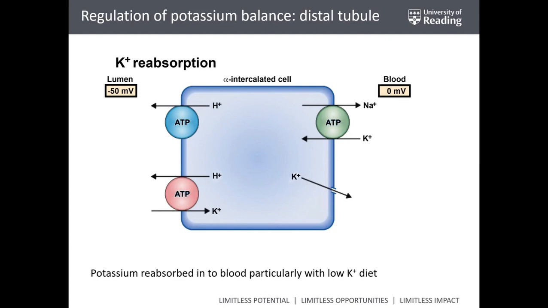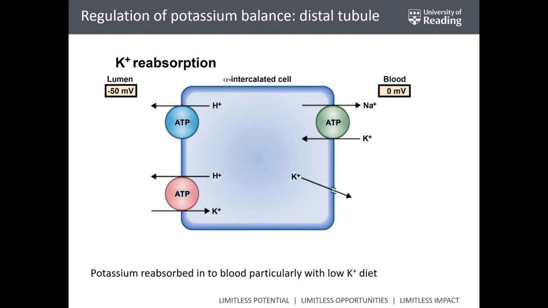So the sodium ATPase potassium pump on the basolateral membrane on the right-hand side leads to the movement of potassium from the interstitial fluid, ergo the blood, into the alpha intercalated cell. But then we do have leak potassium channels selectively on the basolateral membrane. So if there is excess of potassium intracellularly, that will move outside of the cell.